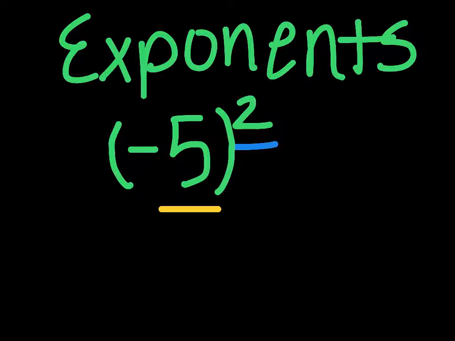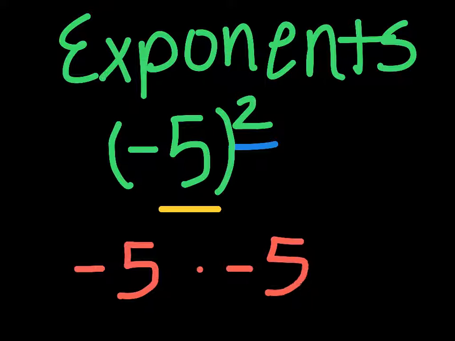Looking at it again, how will we write this out? Well, negative 5, bring that down, and we multiply it against itself. It's negative 5 times negative 5.